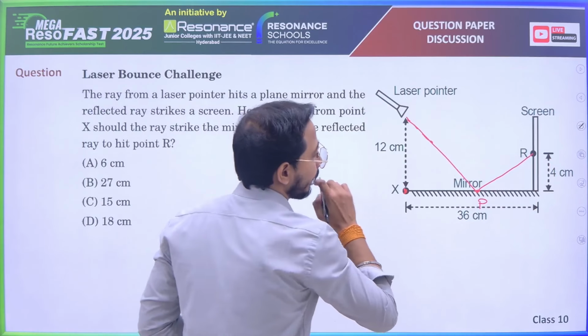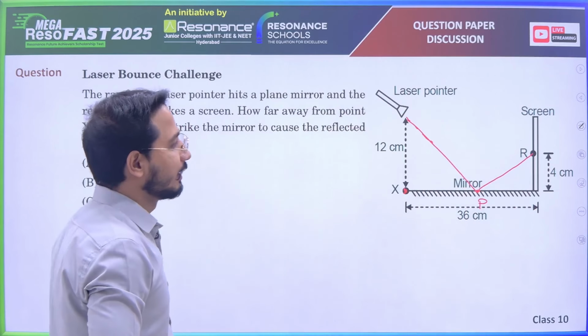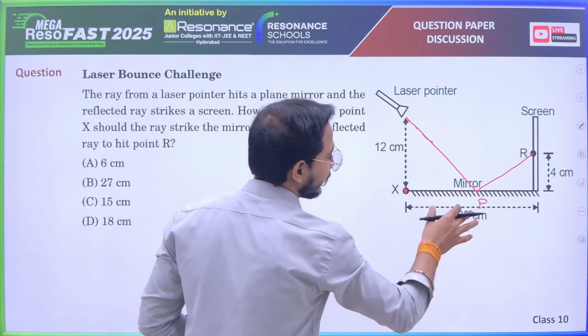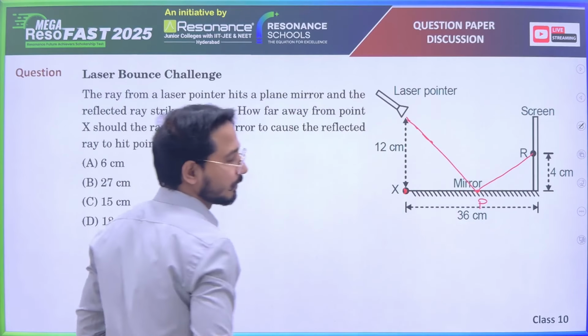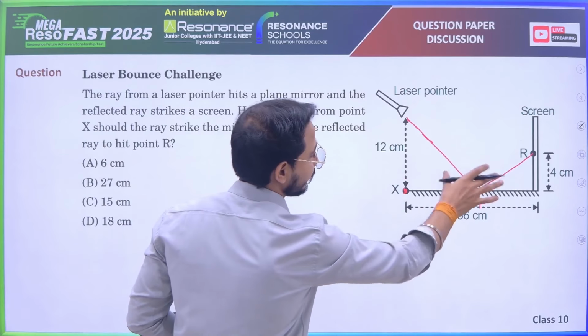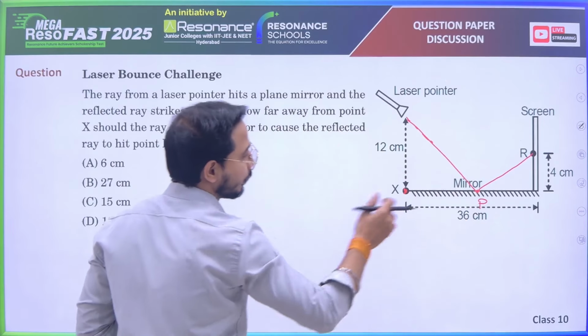Okay. So here we can see both are triangles, and as per the law of similarity, if two triangles are similar, then their side ratios should be proportional.